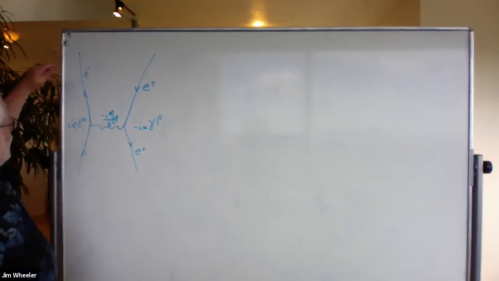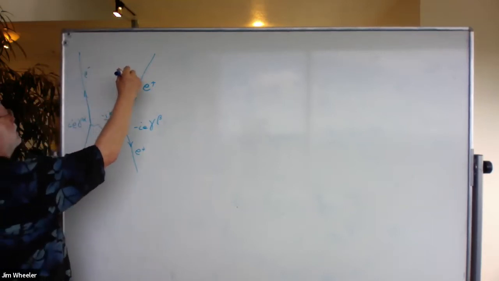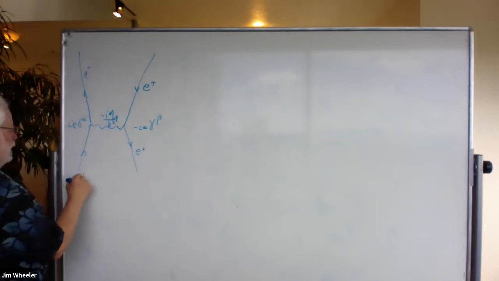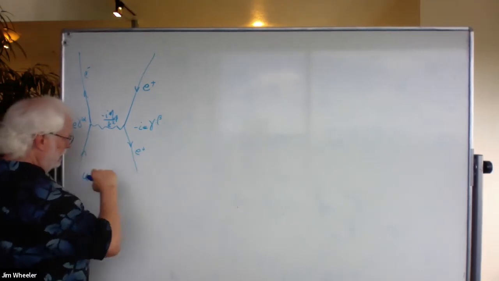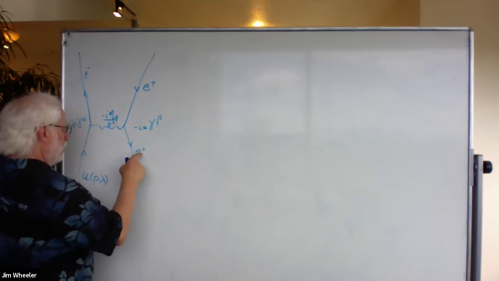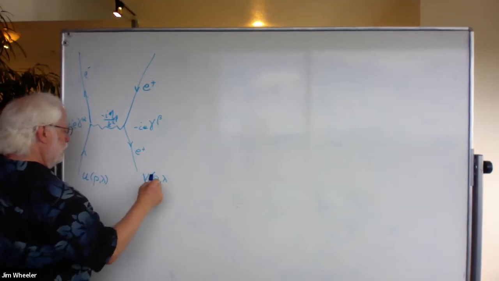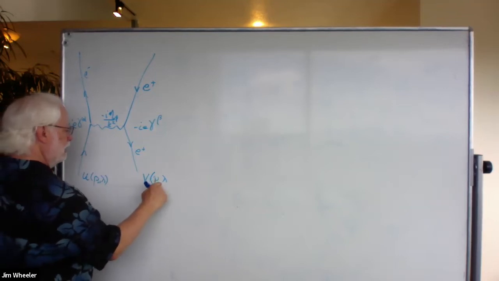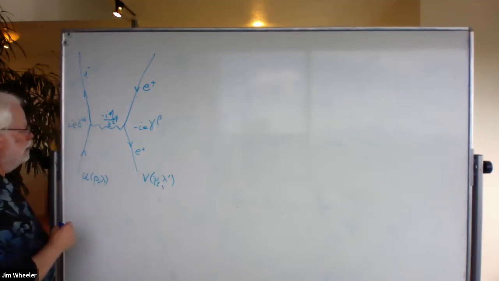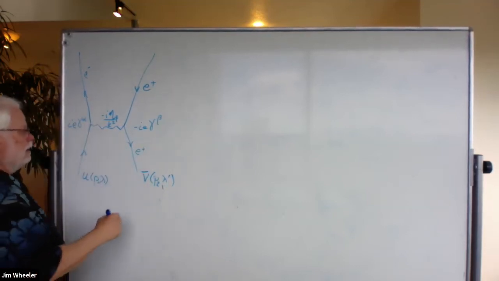Then for the external lines, we still need the basis spinors out here. So this is going to be a particle in, so we're going to have a u of p in some polarization. Here we have a positron out, so we're going to have a v of, let's see, let's call this p1 and p2 maybe, and some other lambda. And then that's a v bar.